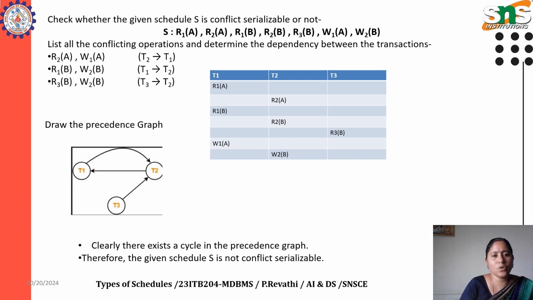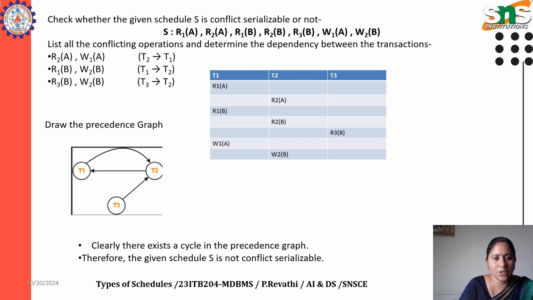Here, list all the conflicting operations and determine the dependency between the transactions. R2(A), W1(A): T2 to T1.